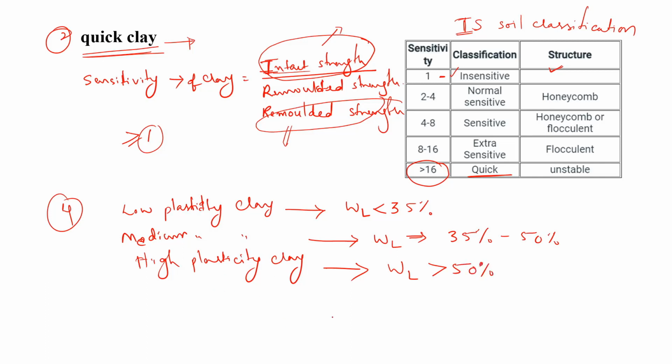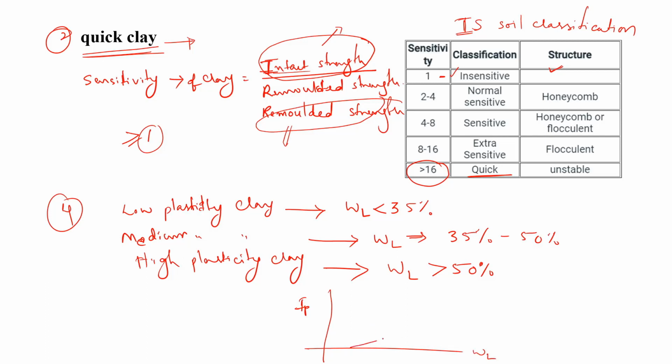Here there is a chart. IP is the plasticity index; whichever soil has a higher plasticity index has more plasticity. The x-axis is liquid limit.